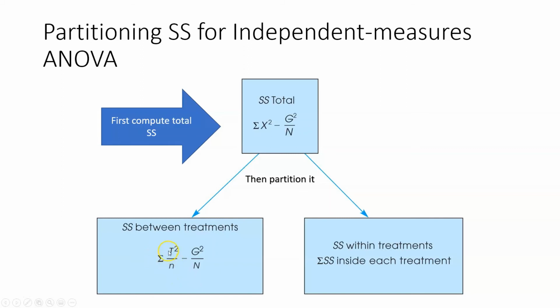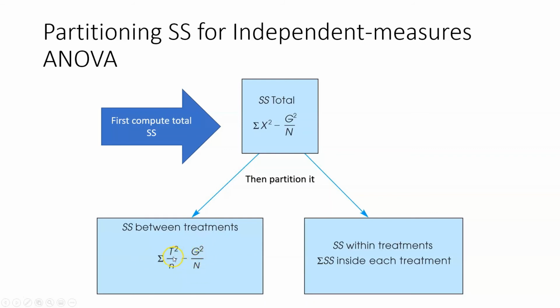The sum of t squared over n represents the t for each condition squared divided by the n for that condition that you took the t. After you figure out that for each condition, then you sum them up and then subtract this component of the equation.